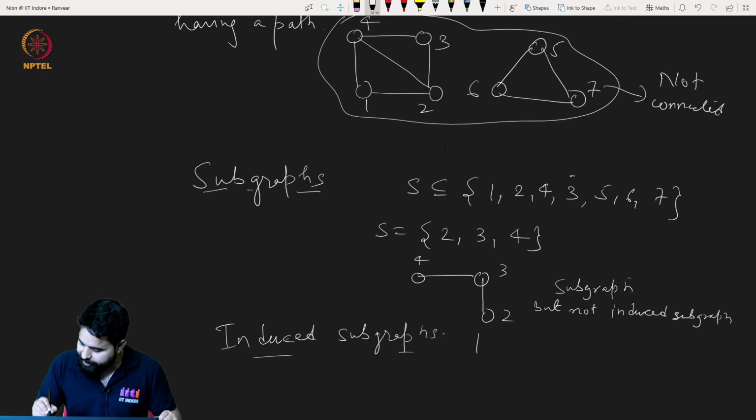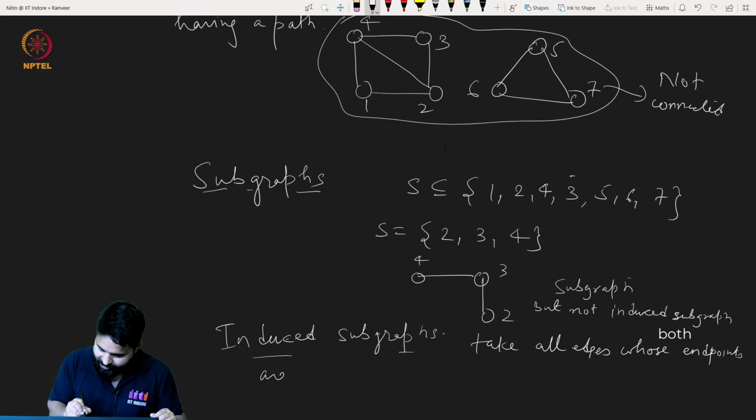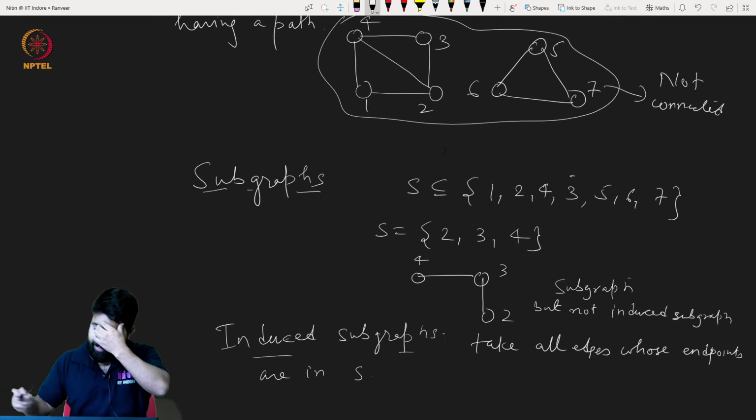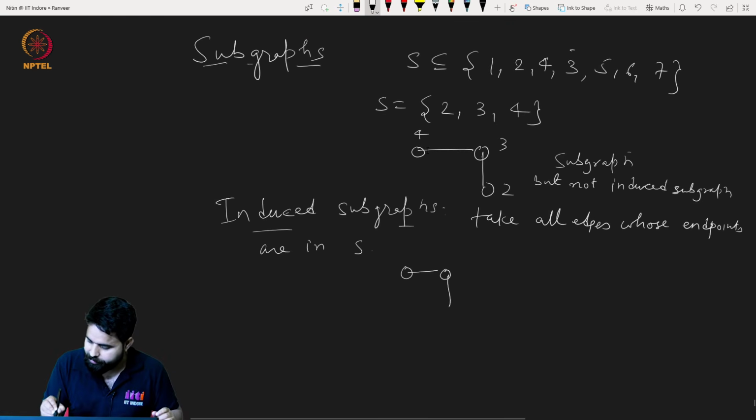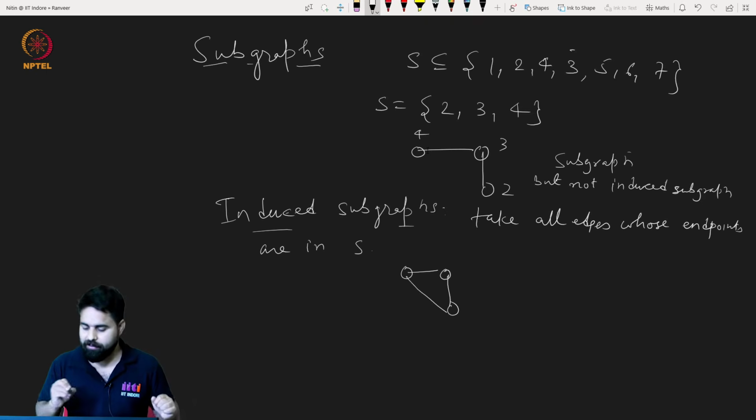Induced subgraphs take all the edges whose endpoints are in S. Great. So the induced subgraph will be this. Now this is an induced subgraph.